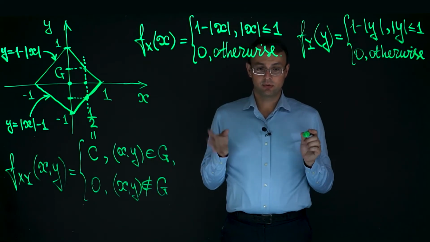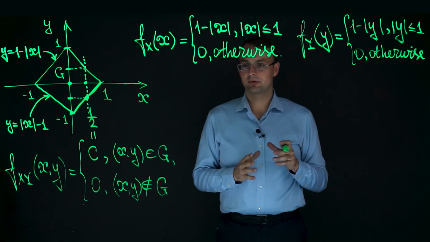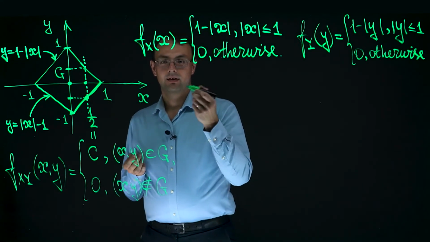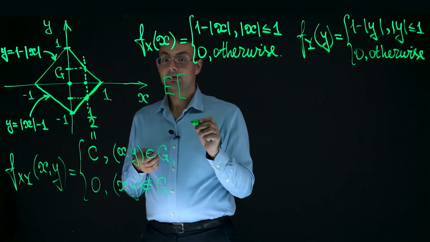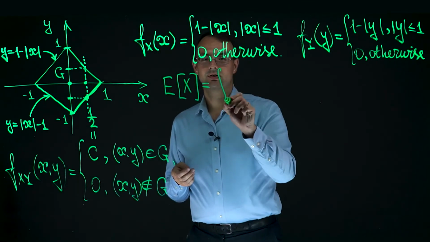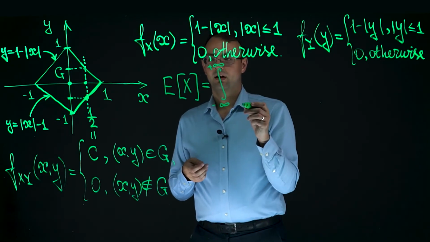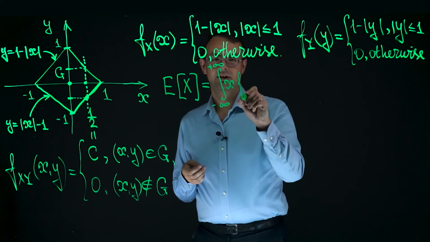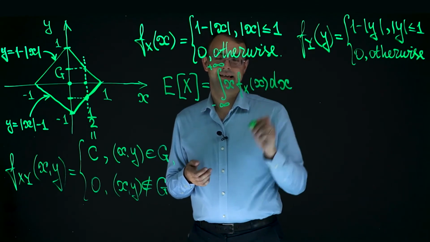To find covariance, we need expected values of x, of y, and of their product. So let's find the expected value of x. According to the general definition of expected value of a continuous random variable, it is equal to integral from minus infinity to plus infinity of x times PDF dx.